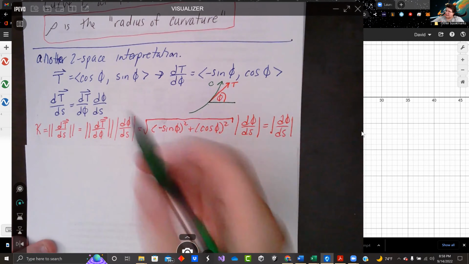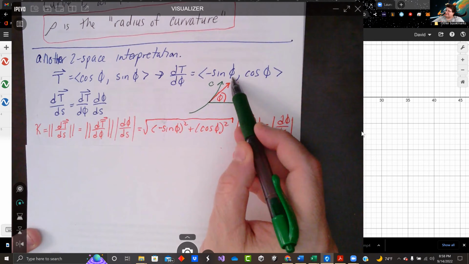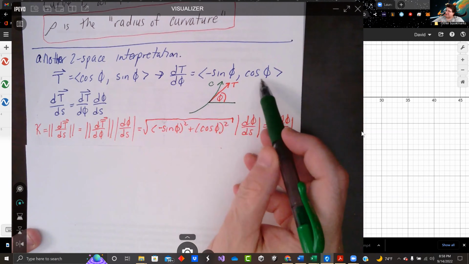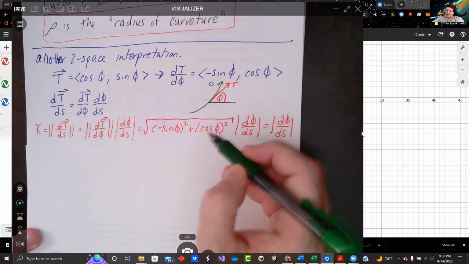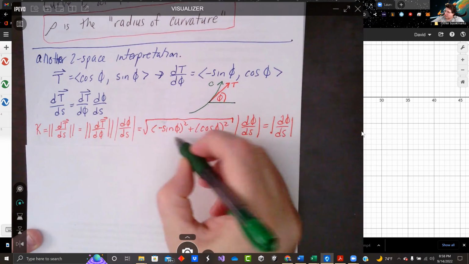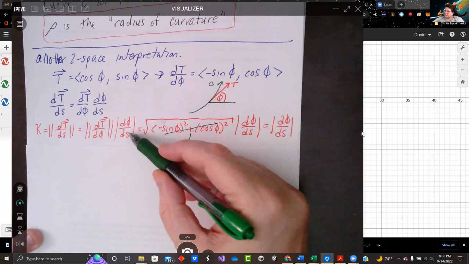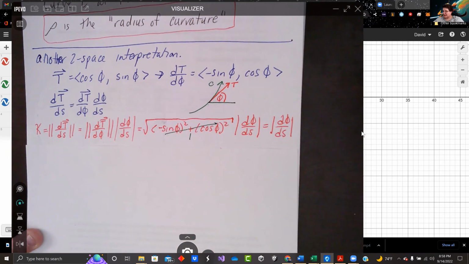But if we look at the magnitude of dT/d phi, we've got negative sine phi and we square it, and cosine phi and we square it. That's going to give us sine squared plus cosine squared, which is just going to go to 1. And all we have left is the absolute value of d phi/ds. So kappa equals d phi/ds in this case.